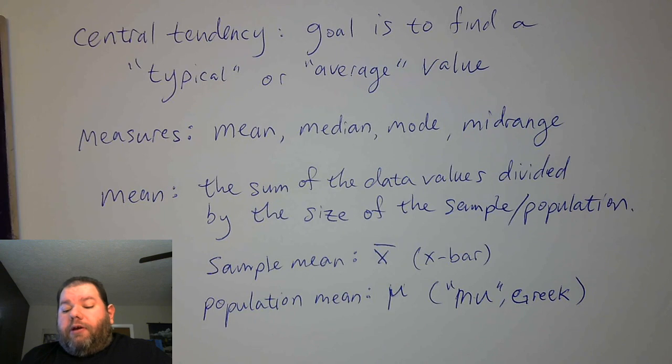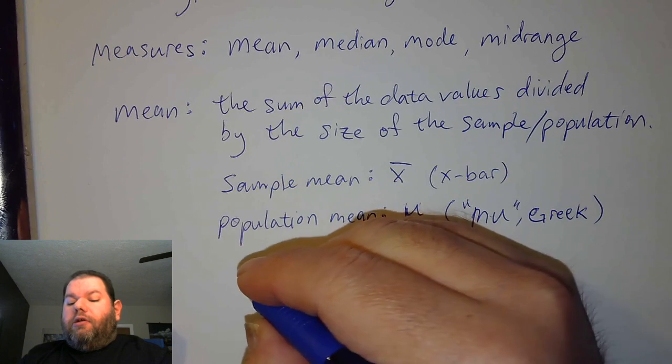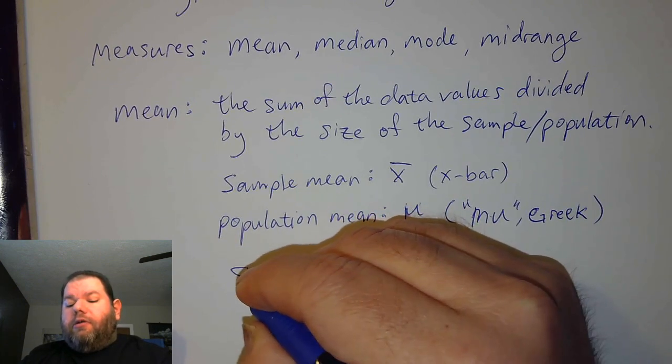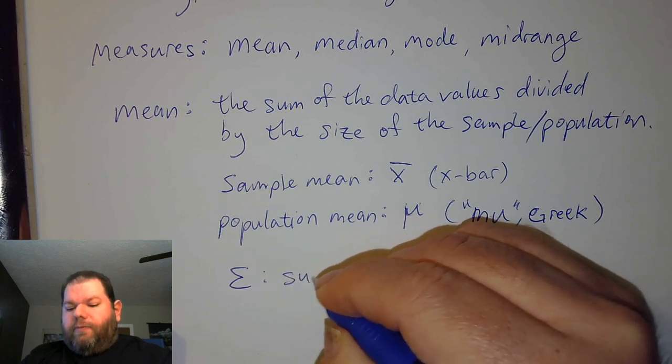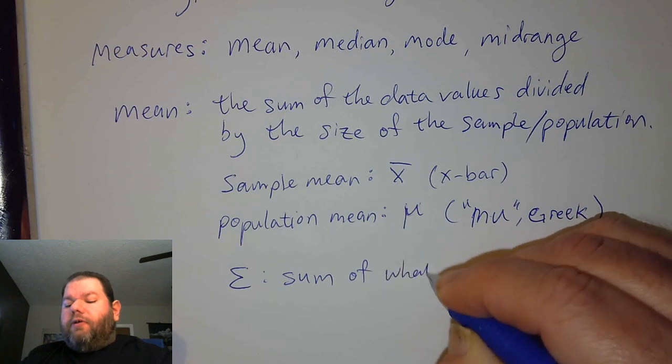All right. Now, the other notation I want to introduce here is the capital sigma, which means sum of whatever follows.